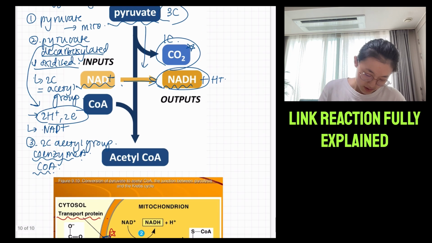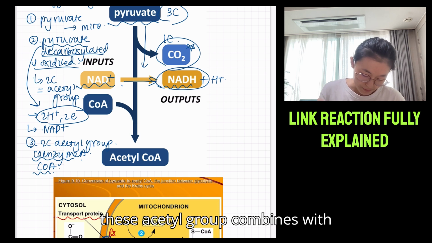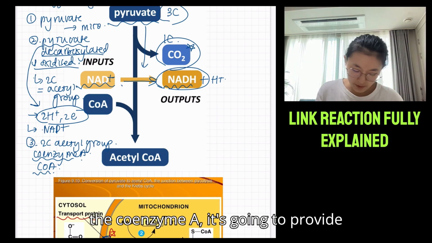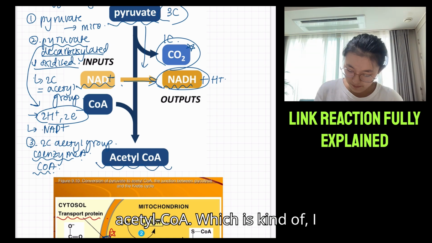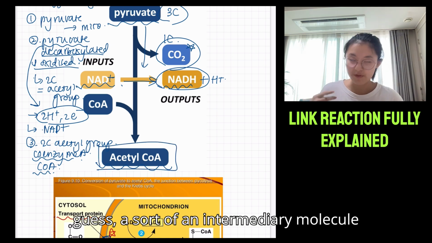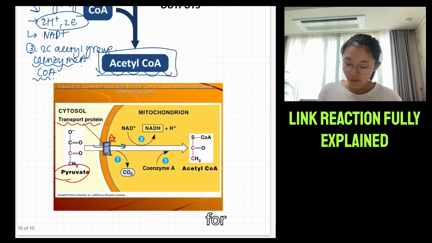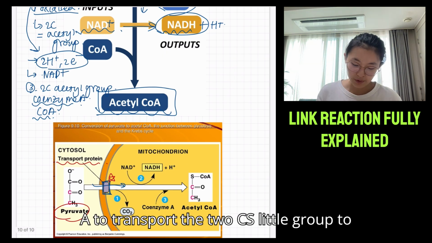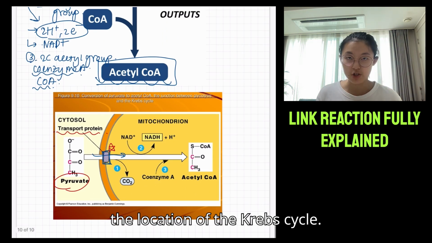And when the acetyl group combines with coenzyme A, it's going to produce acetyl-CoA, which is an intermediary molecule for coenzyme A to transport the 2C acetyl group to the location of the Krebs cycle.